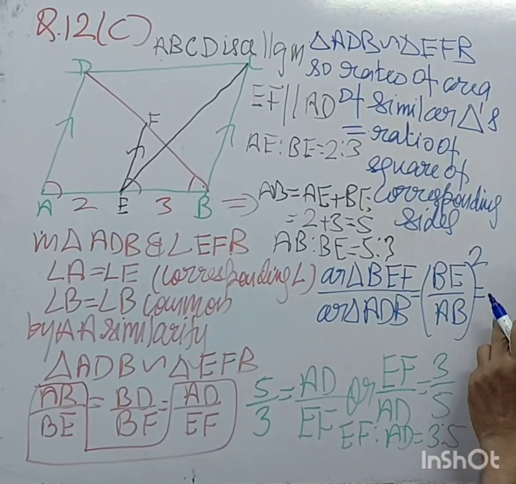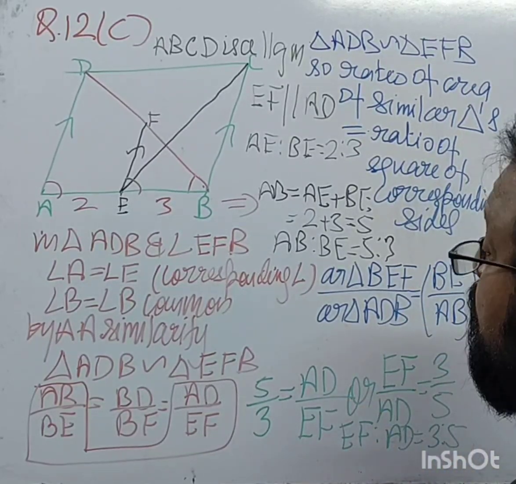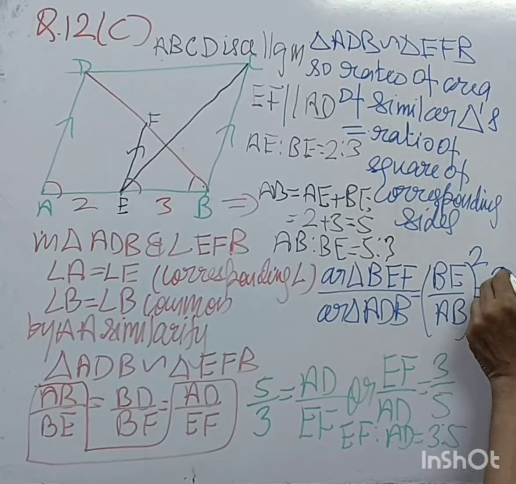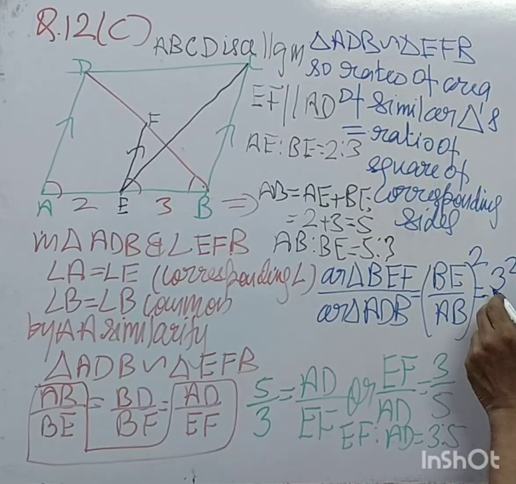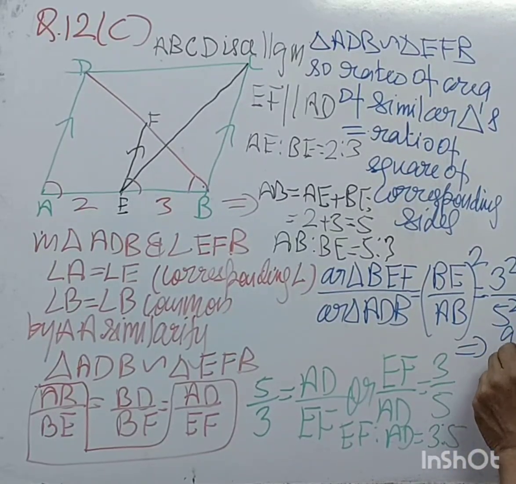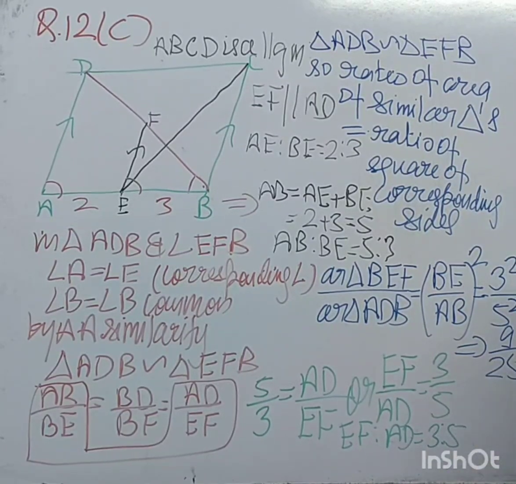So how much it will be? BE is 3. So 3 square upon 5 square. So you are getting 9/25. What is your answer? 9/25.